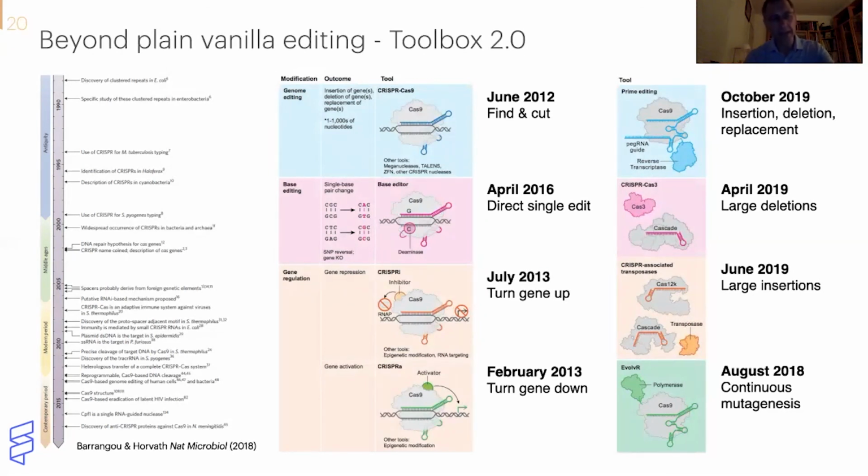Base editing has been widely adopted for the repair or introduction of point mutations. And importantly, it's been recognized that base editing has formidable clinical promise. And there's obviously Beam Therapeutics, which focuses on it as a modality.